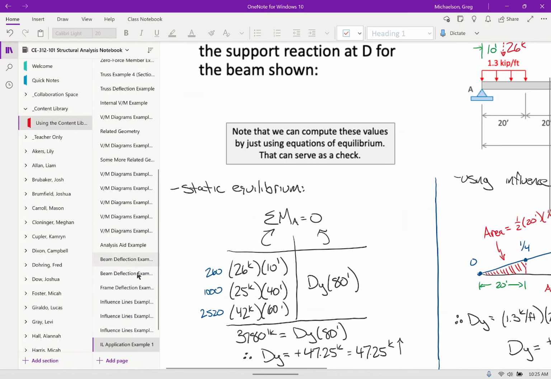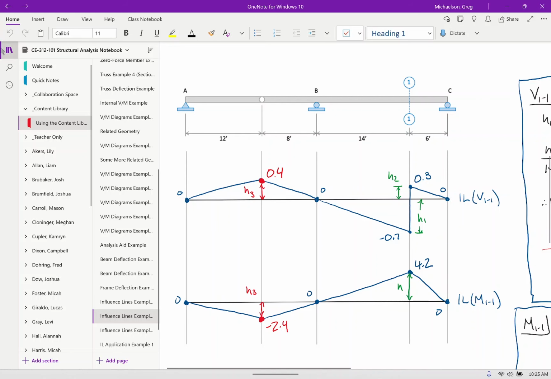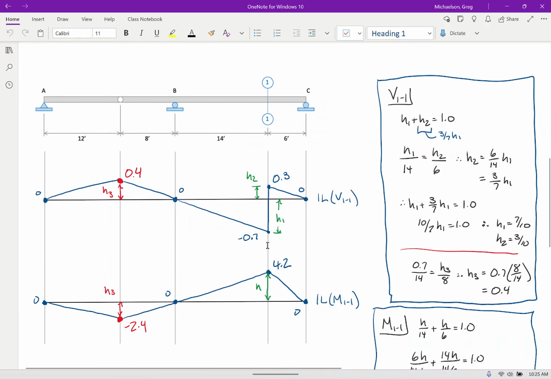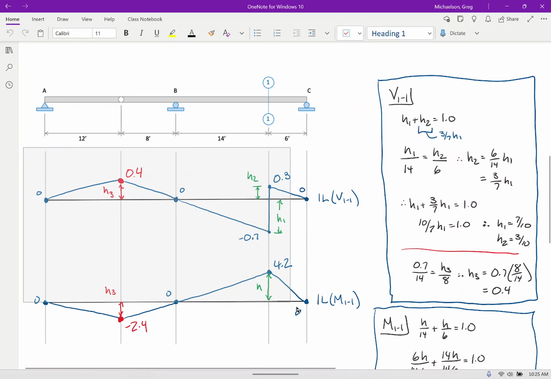So if I go back to right here, those are these influence lines. We had already used these influence lines some time ago, okay? Everybody okay with this? I'm just going to shamelessly steal them. I'm stealing them from me.